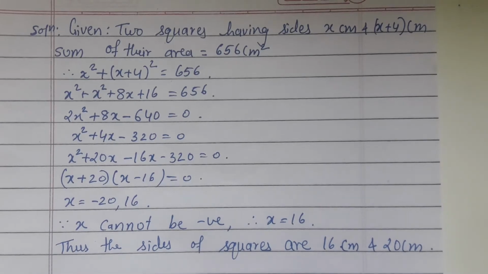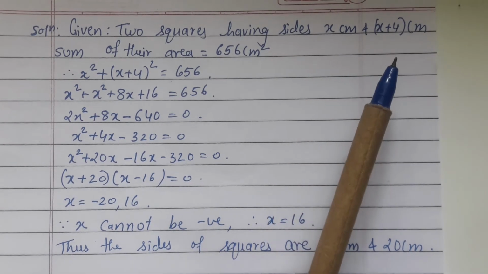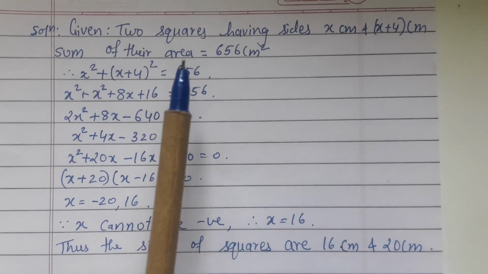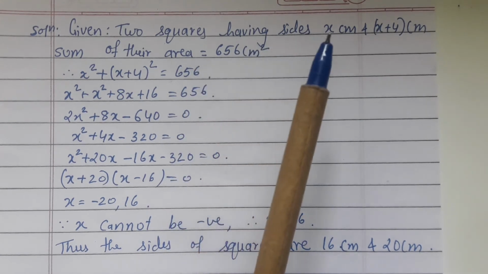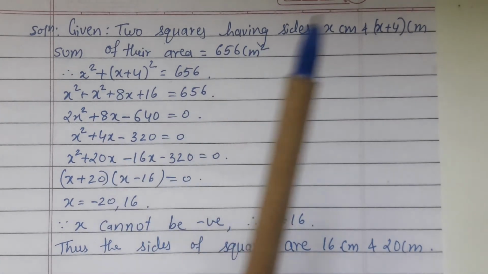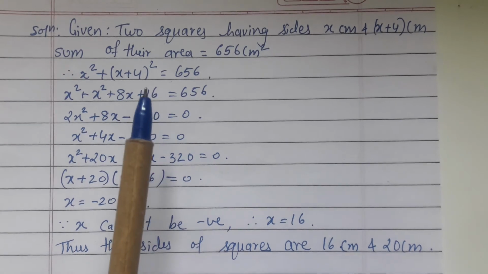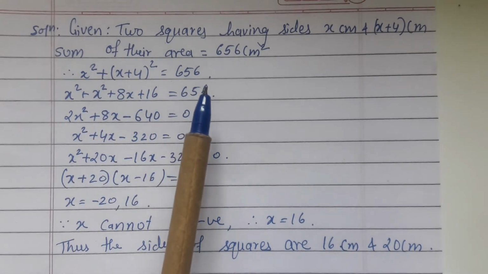Given two squares having sides x centimeter and x plus 4 centimeters, the sum of the areas is 656 centimeters square. So area of this square is x square, and this one is (x plus 4) the whole square. Their sum equals 656.